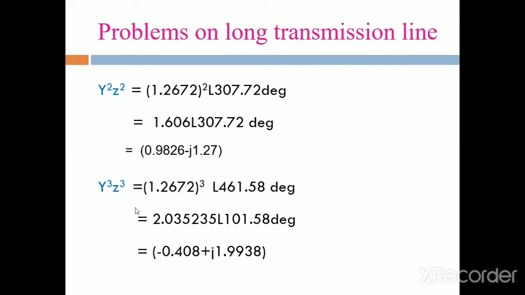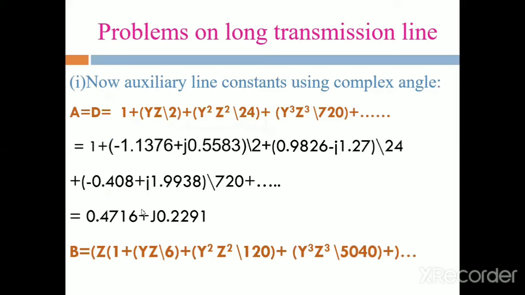Why? Because by using these calculations, we can easily calculate the A, B, C, D constants of a long transmission line. For simple calculations, firstly we determine YZ, Y square Z square, Y cube Z cube. Then we substitute these values directly in the auxiliary constants equations.